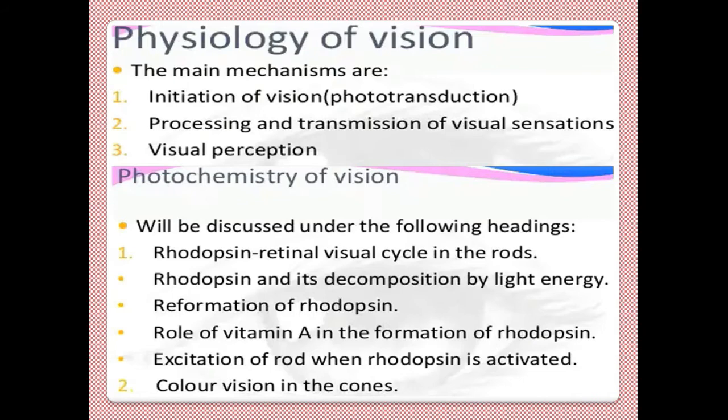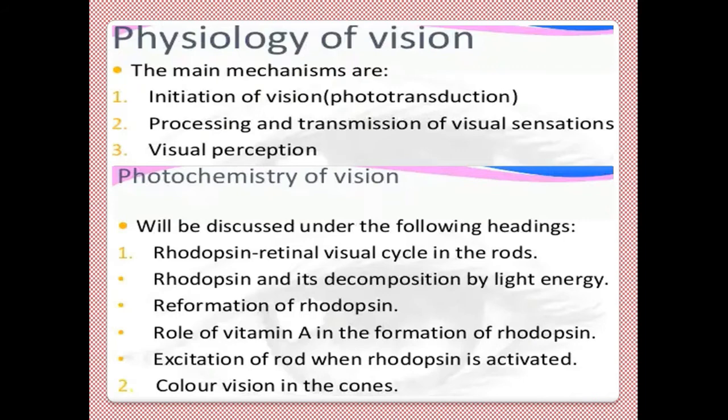So we are coming to the photochemistry of vision. We have several steps in that. First one, rhodopsin retinal visual cycle in the rod cells. Second one, rhodopsin and its decomposition by light energy, that is called degradation of rhodopsin, the bleaching process.